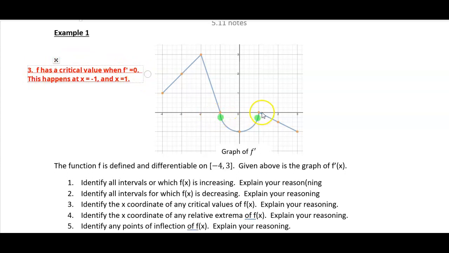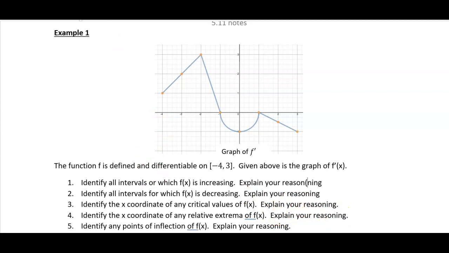That happens when the derivative graph is touching the x-axis. And this happens at negative 1 and 1 for the x values there. Okay, let's go ahead and take a look at number 4. Number 4 says, identify the x-coordinates of any relative extrema of f.